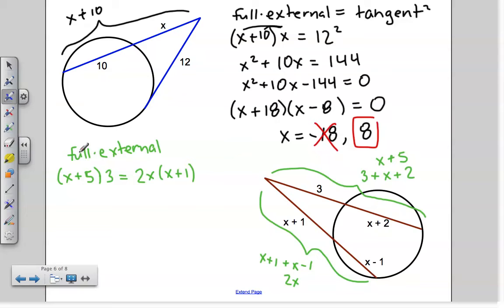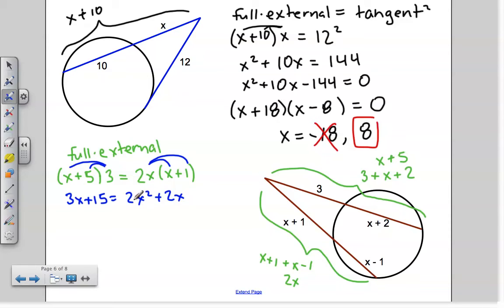Alright, distribute on both sides. Here I get 3x plus 15. On this side, 2x squared plus 2x. Once again, I have a quadratic because I have an x squared, and this is my only x squared.